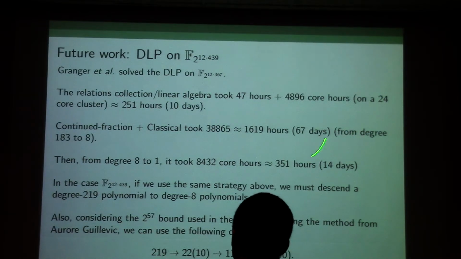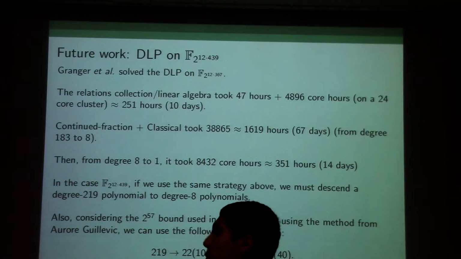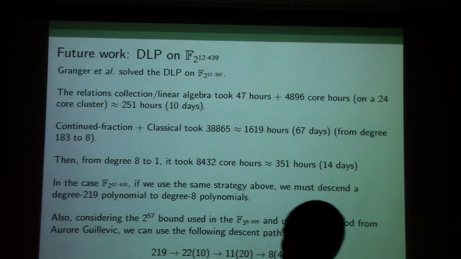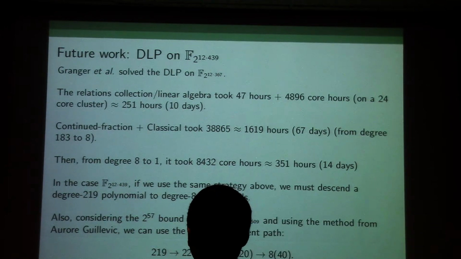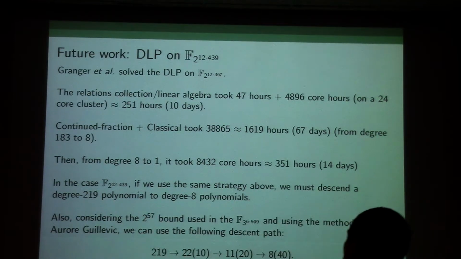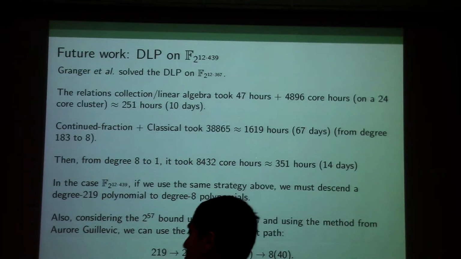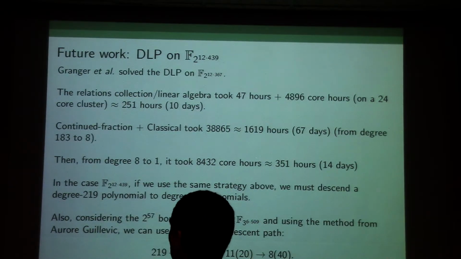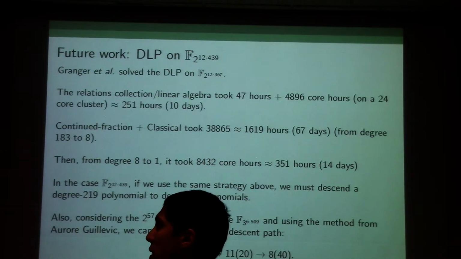They did it in 67 days using 24 cores. Okay, so it's doable. Then for degree H1, they took about 14 days using that. So I have done a very rough estimation, it's not very concrete, but the relation collection and linear algebra we do exactly as they do, and the degree H1 we can do exactly as they did.